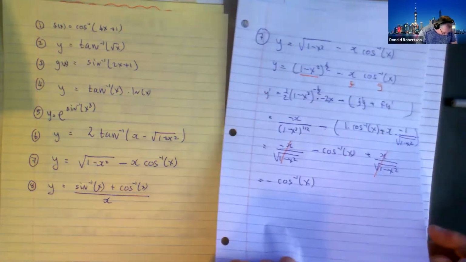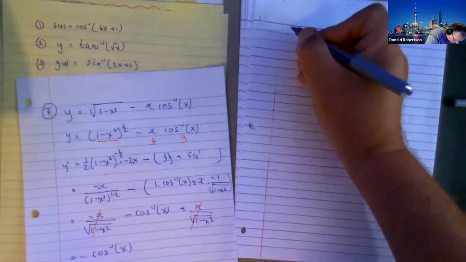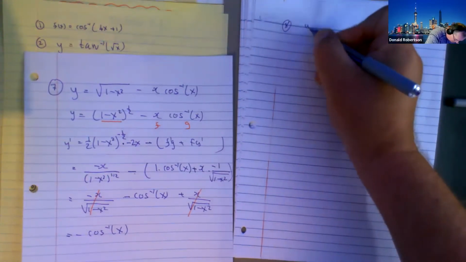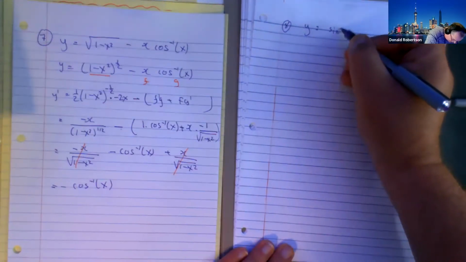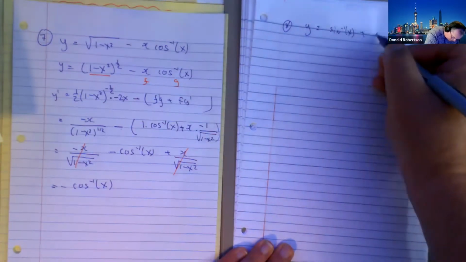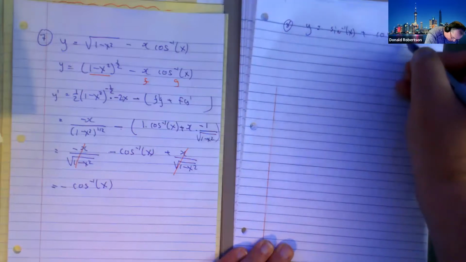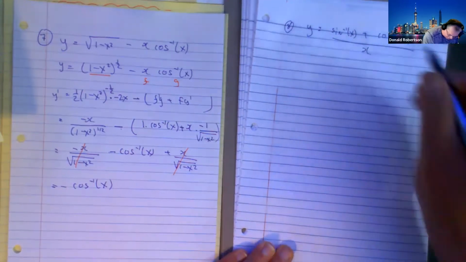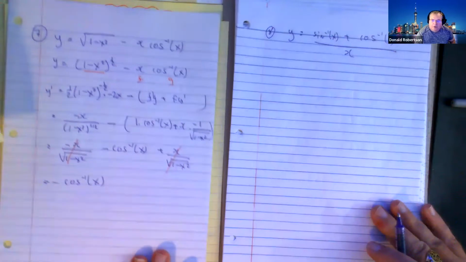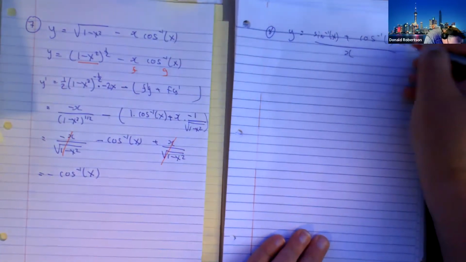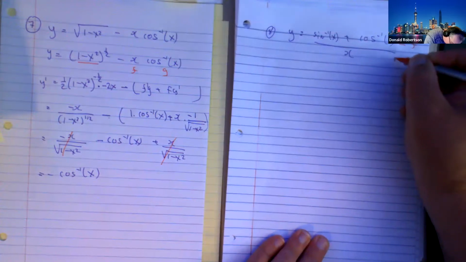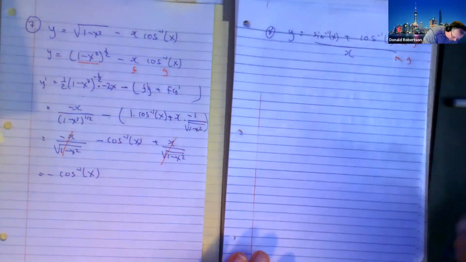Okay, last question. y is an inverse sine plus an inverse cosine, all over x. Pretty clearly it's going to be a quotient rule or a fraction. Here the top's going to be f, the bottom's going to be g.